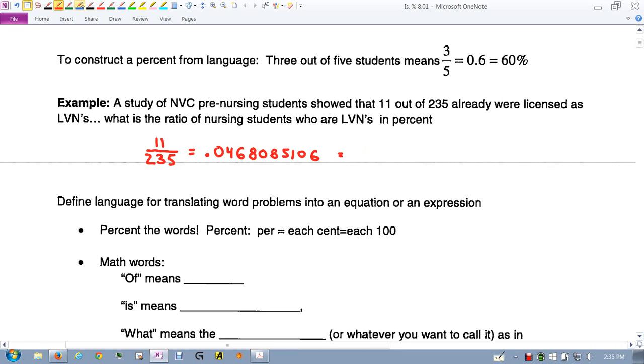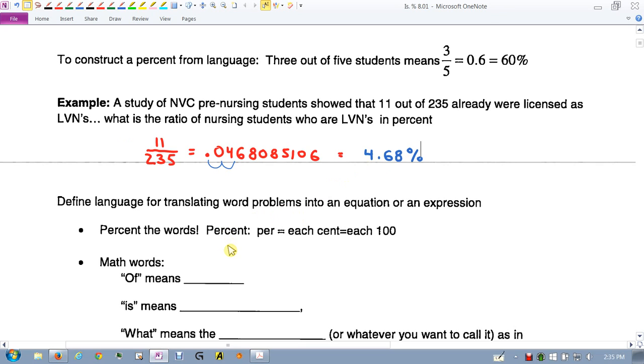We move the decimal point 2 places to the right. And so we get 4.68, and then it keeps going, but I'm going to stop there. 2 decimal places to the right, and I'm going to say percent. So almost 5%, right? Almost 5%. Understand? Okay.